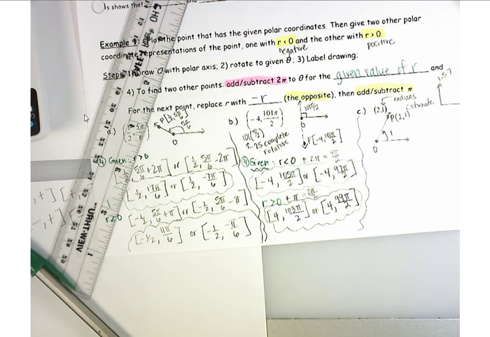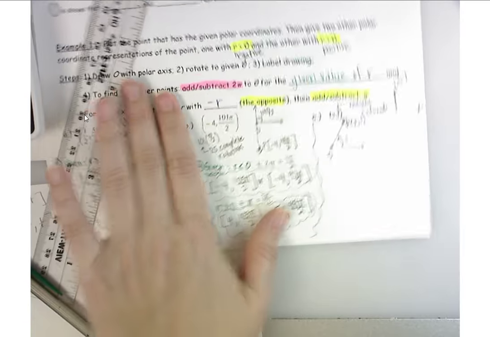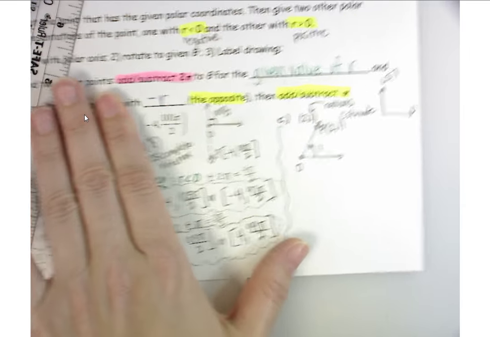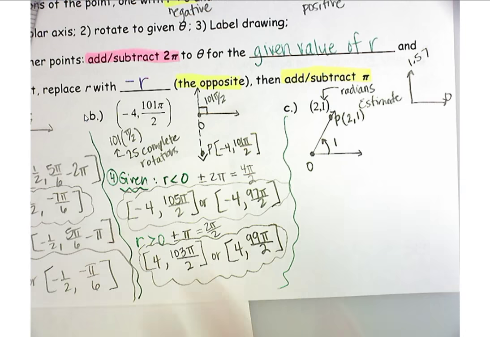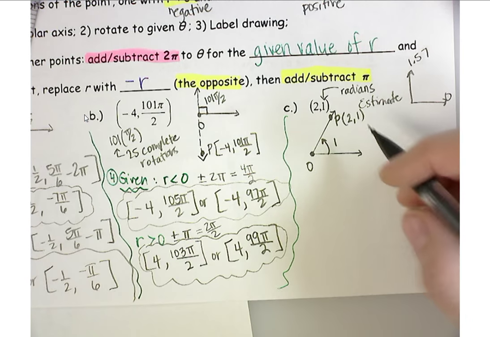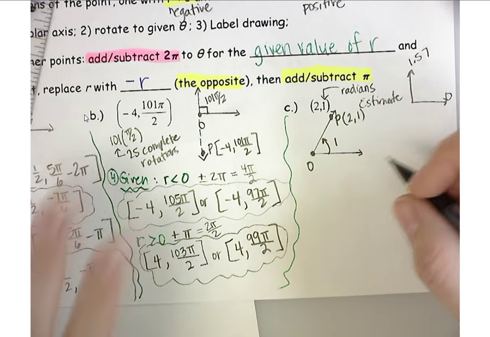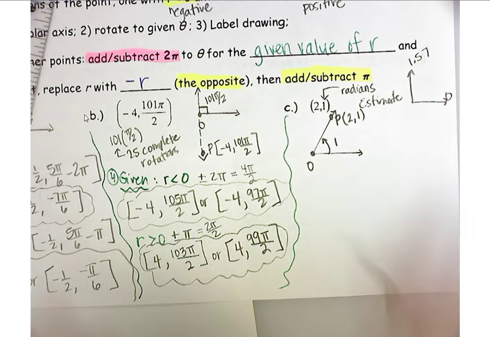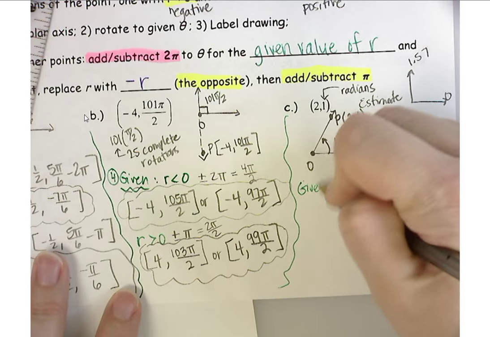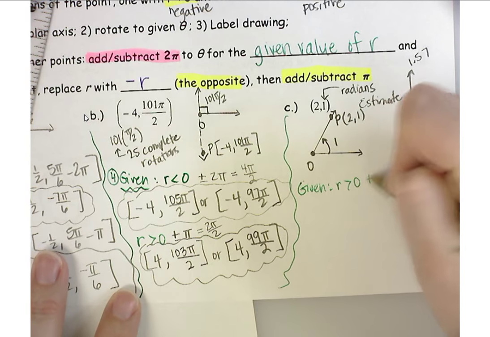Now, when you're writing out your final answers here, you're going to keep it as an exact value, which you're actually going to like better. So if it's an exact value, you are given, in this case, that r is positive, so you're going to add and subtract 2 pi.